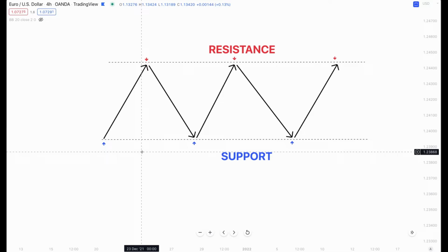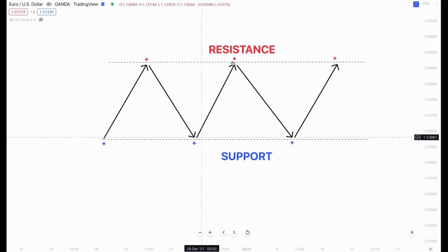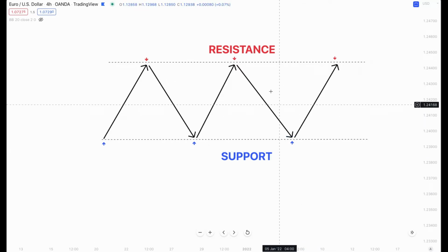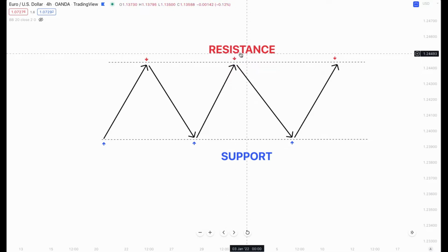So we are just looking to see where these institutions are buying and selling these assets, because they are the ones creating these levels. Smart money knows that once they have decided where these levels will be, us retail traders will use those levels to form a strategy around, to buy and sell from.